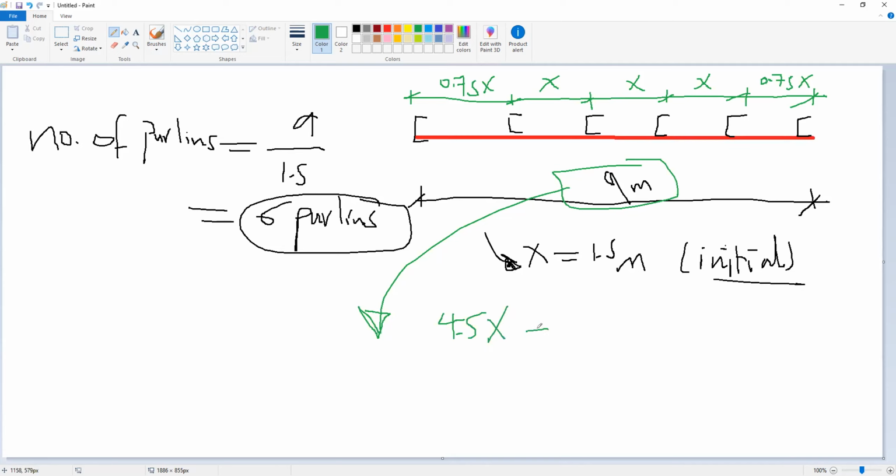And this 4.5x will equal 9. So now we get x equal to 2 meters, and the external spacing will be 0.75x, equal to 1.5. So the first step I do is just to know how many Berlins I need. According to this number, you can get the exact x, or the actual x.